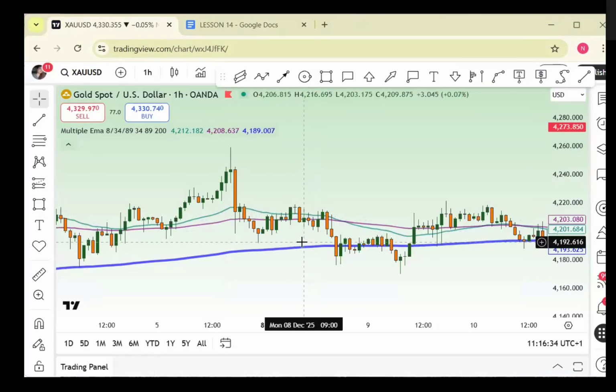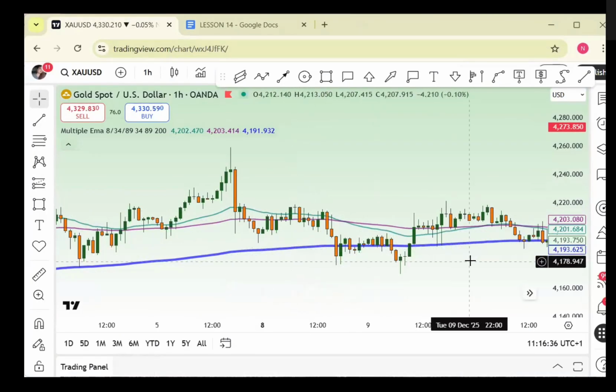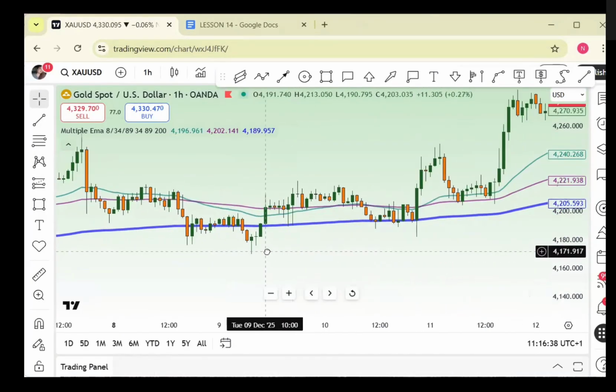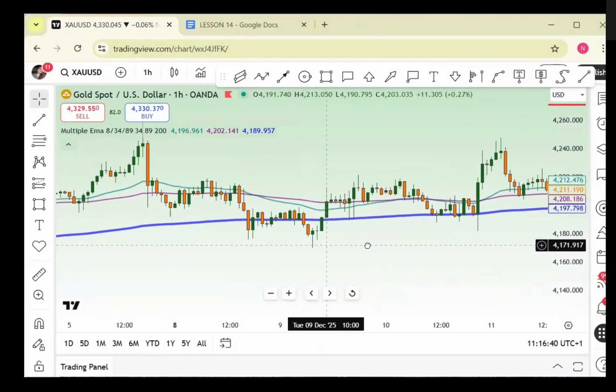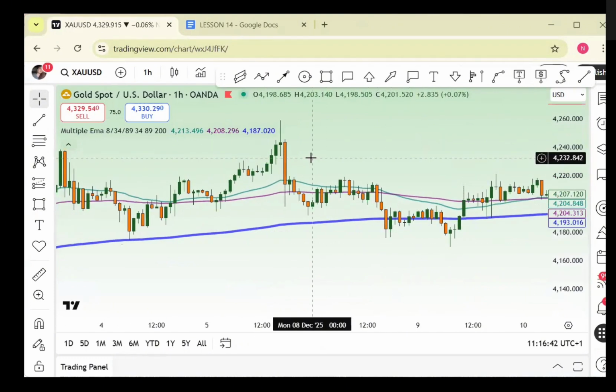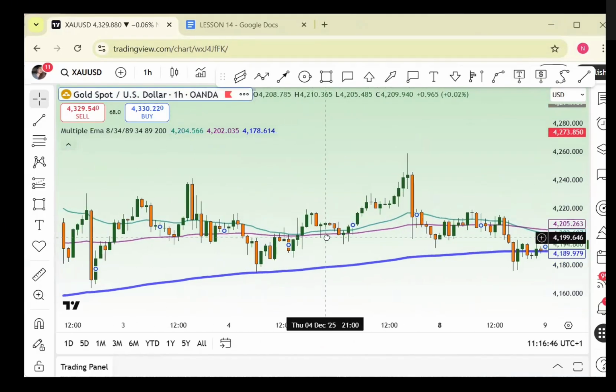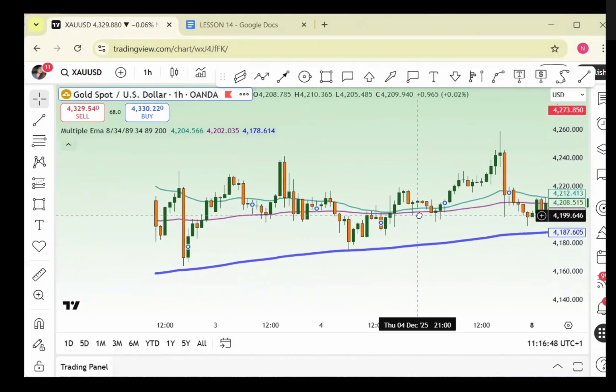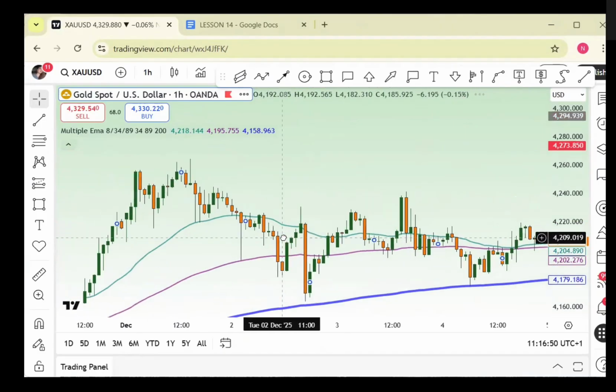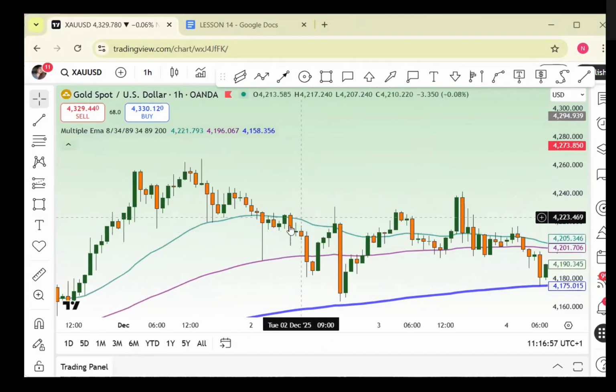So let's find any hammer that appears after a bearish downtrend. Those are pin bars actually.